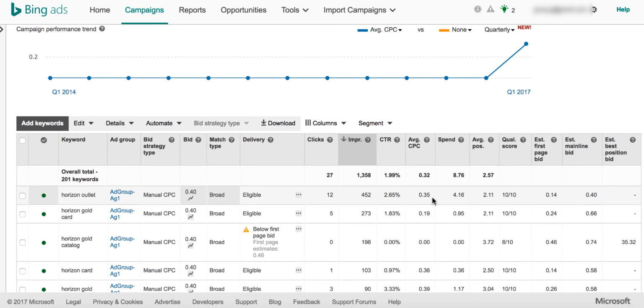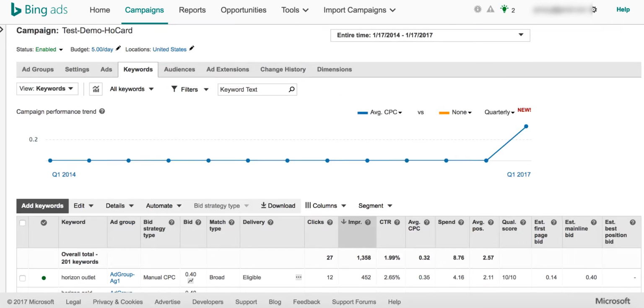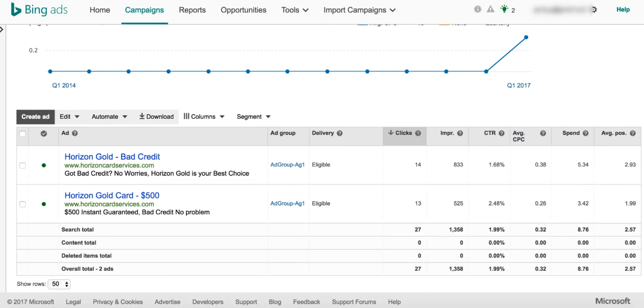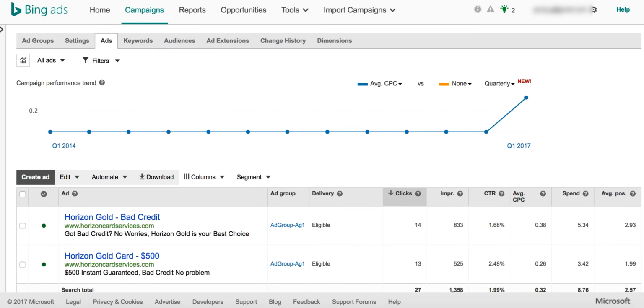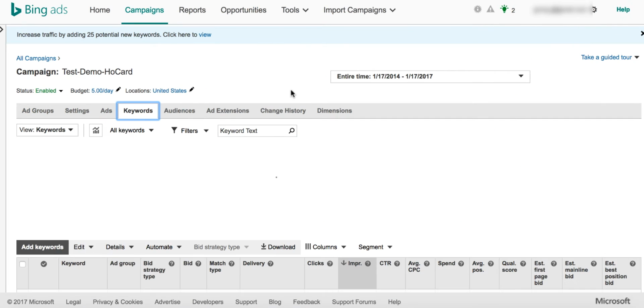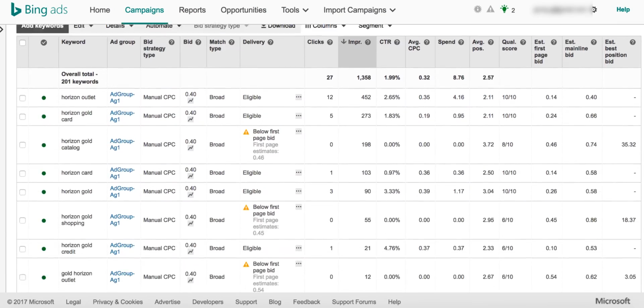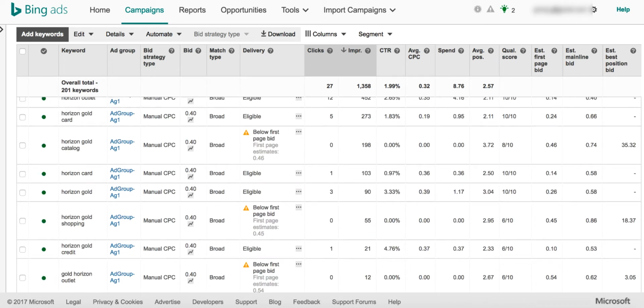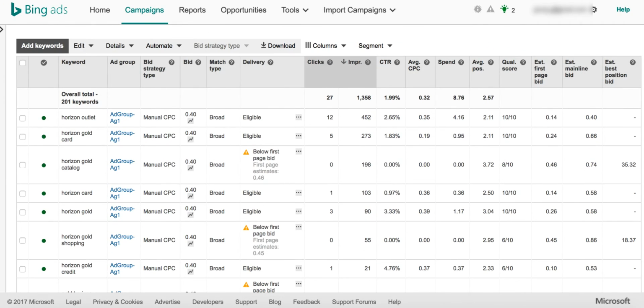If you see the way we have written our ads, we have pretty much only 2 ads, but those ads definitely have all the keywords in them, and we are primarily targeting only one major root keyword here, horizon gold. All my keywords are categorized only with horizon, so my ad quality and keyword quality in this case are pretty high.